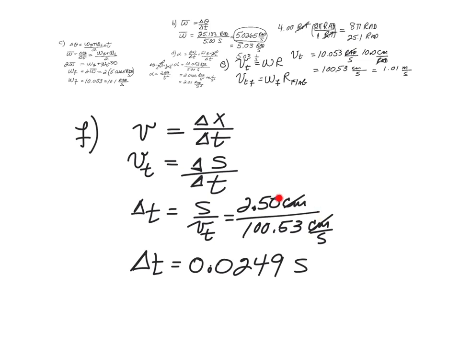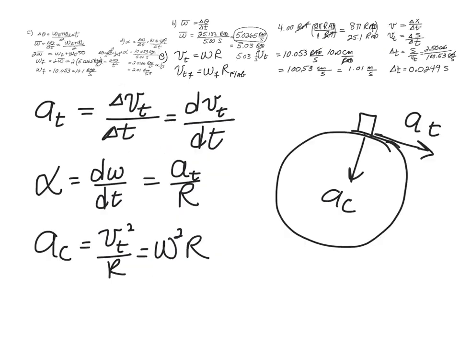And then when we do the numbers, that's the result we get. And notice that the units, centimeters, cancel, and that leaves me with 1 over 1 over seconds, which is seconds. And that's the number. And it should be, right? The photo gate times are always just a few thousandths of a second. And so that makes sense that it would be a very short time.